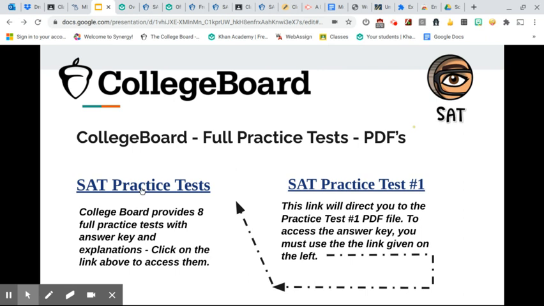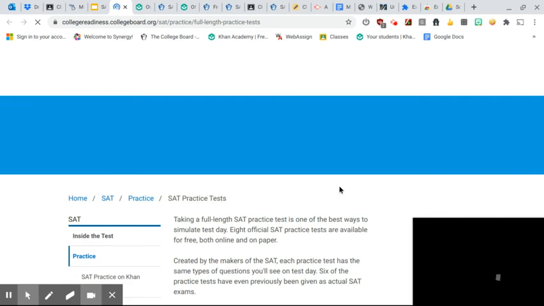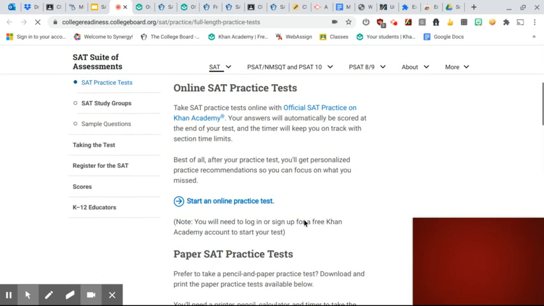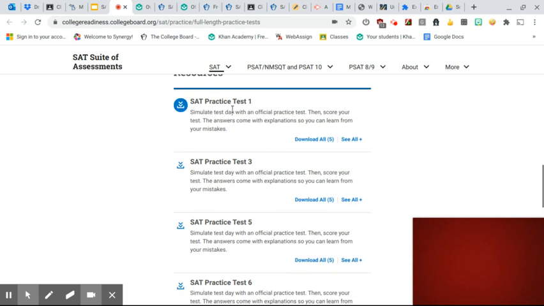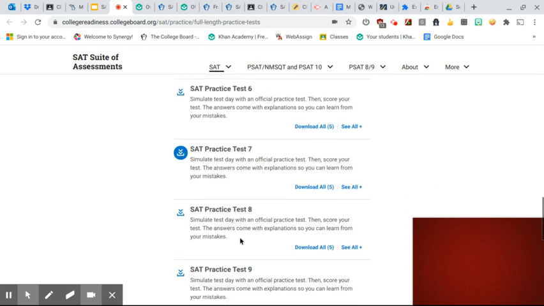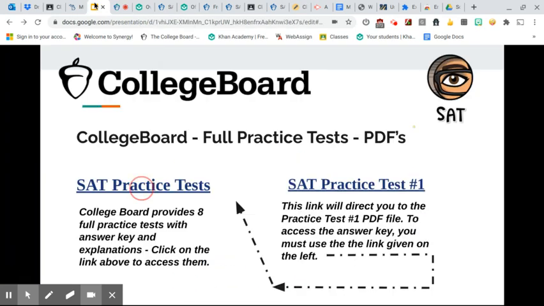If you click on this link, it will get you to the College Board site, and it will list all the SAT practice tests that you could download through the PDF right here. If you notice, there's SAT practice number 1, the download, there's 5 downloads. So it has answers, explanations, and everything. There's 3, 5, 6, 7. So there's 8 of them.